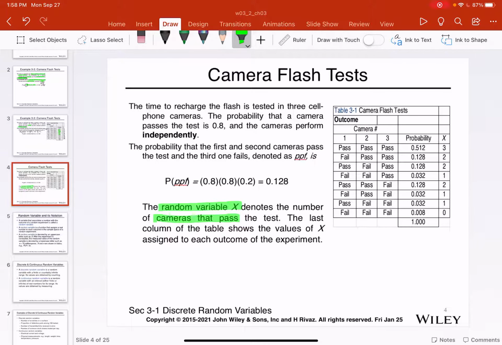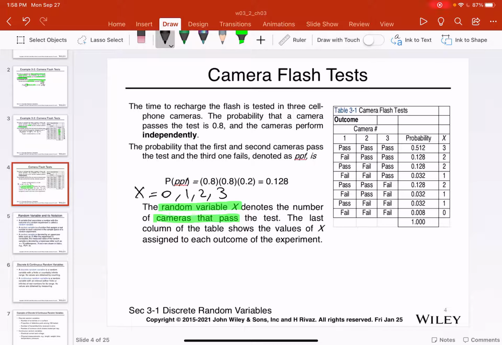So capital X is the number of cameras that pass. And capital X can be 0, because none of the cameras can pass. It can be 1, it can be 2, and it can be 3, because I'm testing 3 cameras.